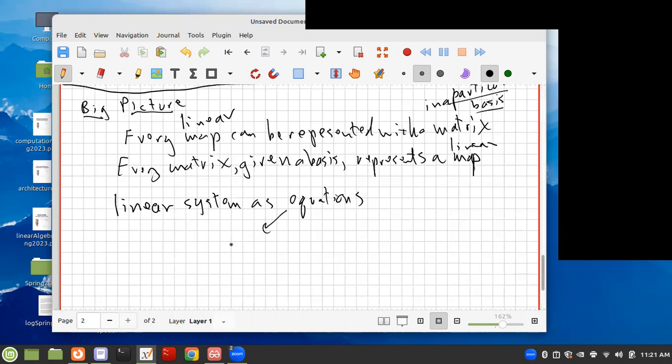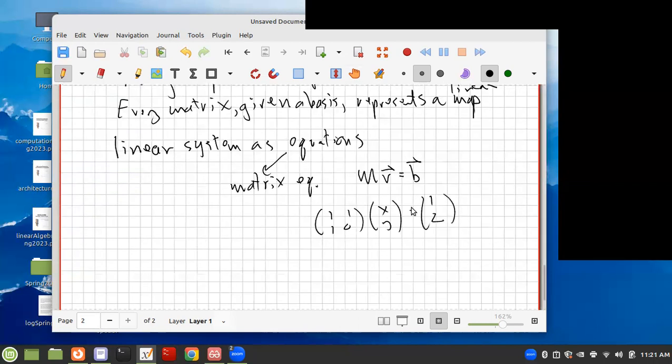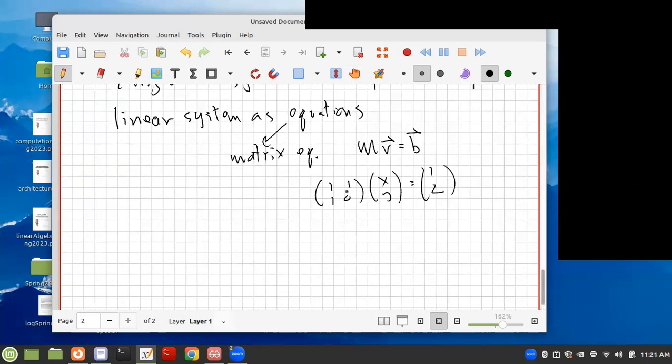We can represent this as a matrix equation, where you have some matrix times the vector of variables equals the constant b. So, for example, [1, 1; 1, 0] times (x, y) equals (1, 2). In this picture we can think of this matrix as being a map.